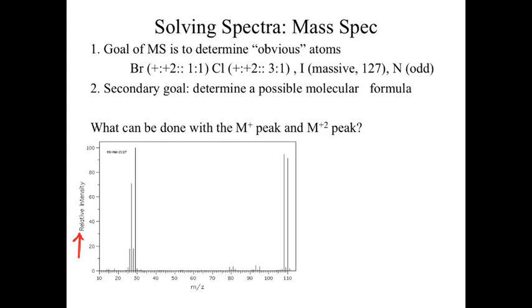So when we put our molecule into the mass spec, we can't put in a single atom. We're putting in thousands, tens of thousands, hundreds of thousands, potentially billions or trillions of these molecules. Each one of those molecules has an opportunity to break and blow up into individual pieces. So what we're looking at is the sum total of all of those pieces, and ultimately our mass spec just sits there and counts.